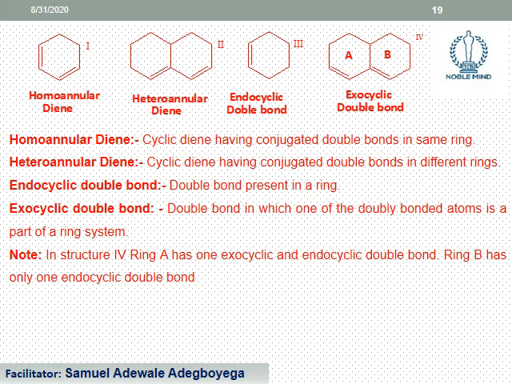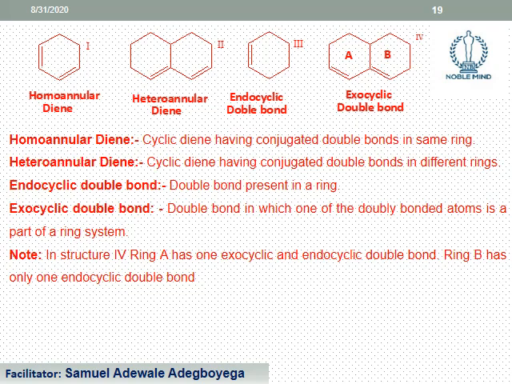You could see their definition here. A cyclic diene having conjugated double bonds in the same ring is what you refer to as homoannular. The heteroannular has the conjugated bonds in different rings. You have an endocyclic double bond in a ring, and you also have an exocyclic double bond.